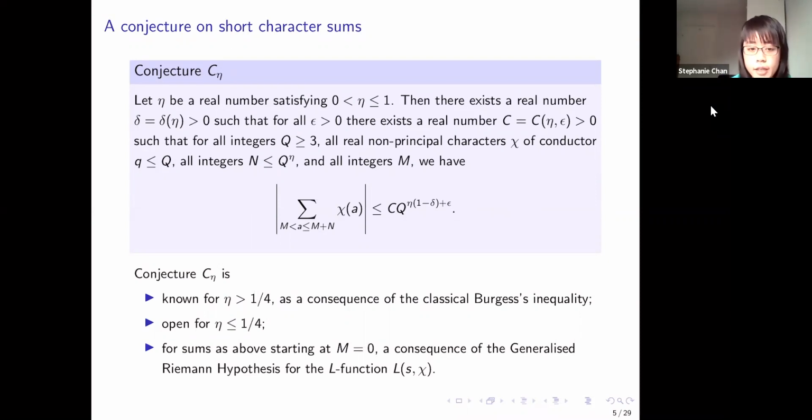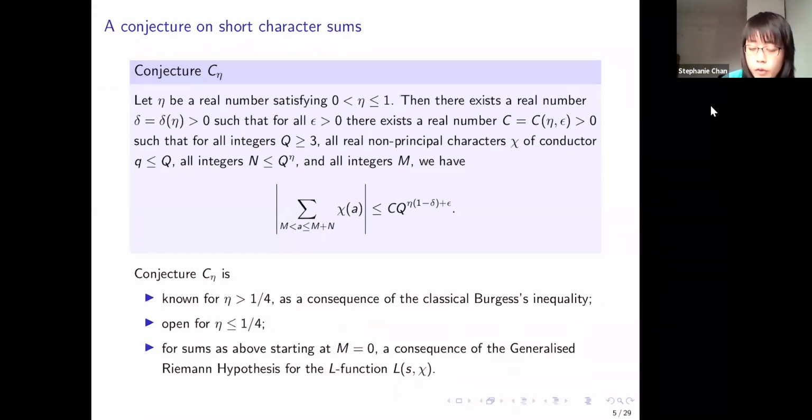However, when you take eta less than or equal to 1/4, this conjecture is still open. And for sums that start from m equals 0, this is a consequence of the generalized Riemann hypothesis for the L function L(s, chi).